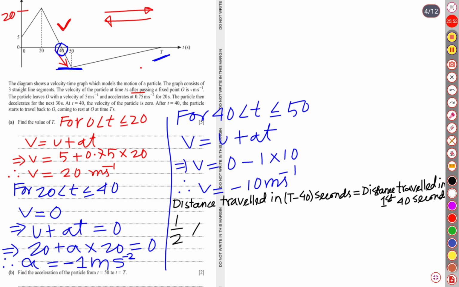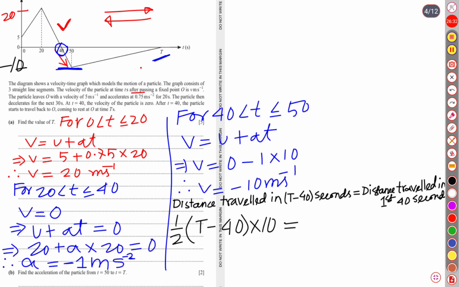So half of this triangle, base is T minus 40, and height is, we have already found here, height was 10. This is negative 10. As we are writing height, height can never be negative.